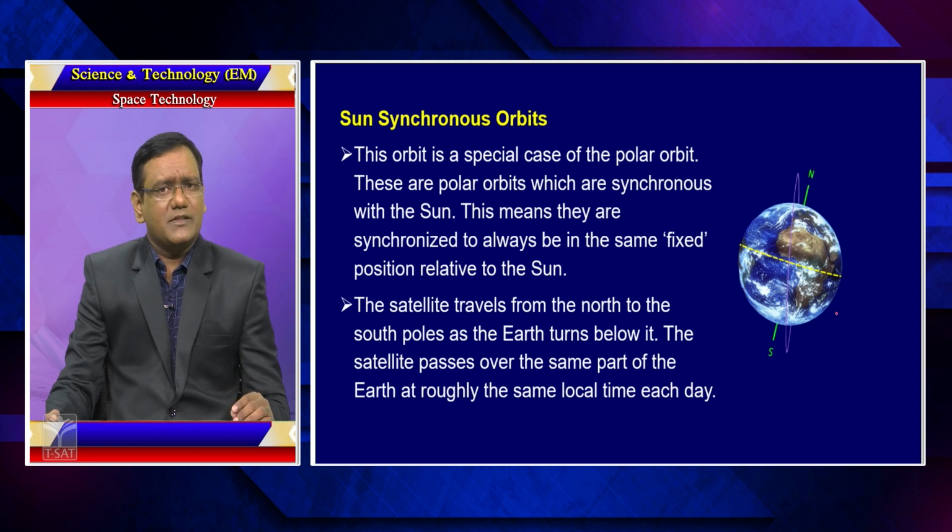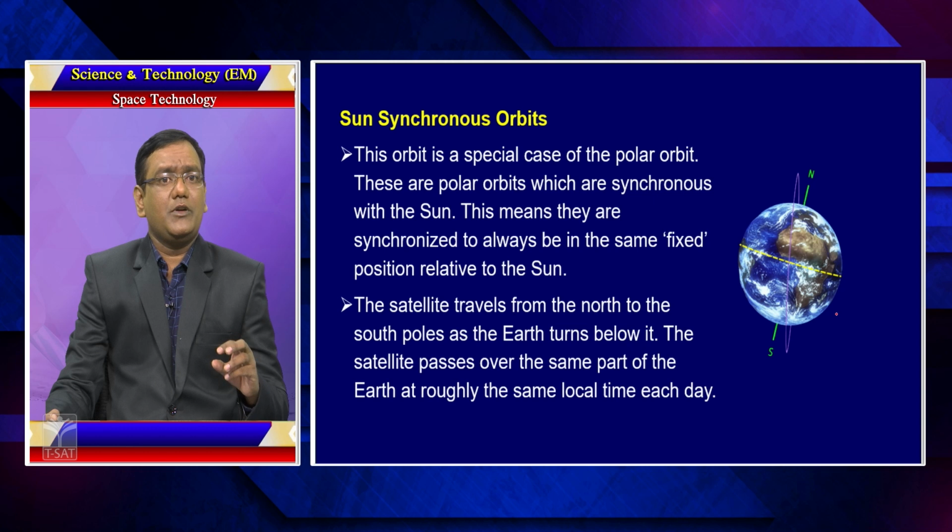So, it means if a Sun-synchronous satellite is revolving around the Earth, and it comes over Hyderabad at 2:30 p.m., then every day at 2:30 p.m. it exactly comes above Hyderabad itself.